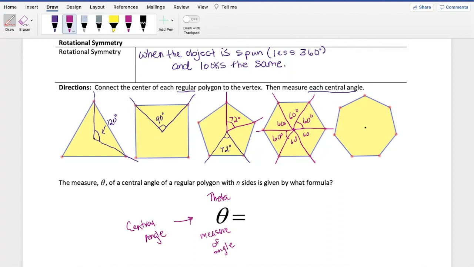You've probably worked with pi, delta, and now we have theta here, measure of an angle. And our formula to figure out the central angle is that we're going to take 360 degrees and divide it by the number of sides. So if I just were to say my variable here is my number of sides.